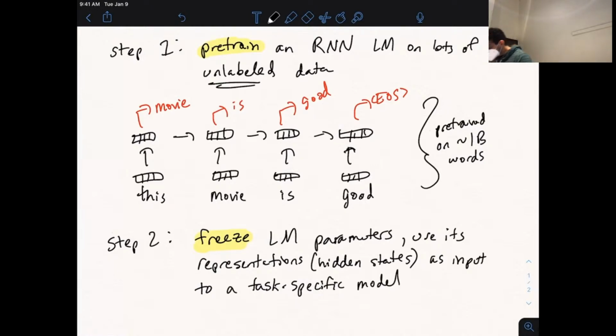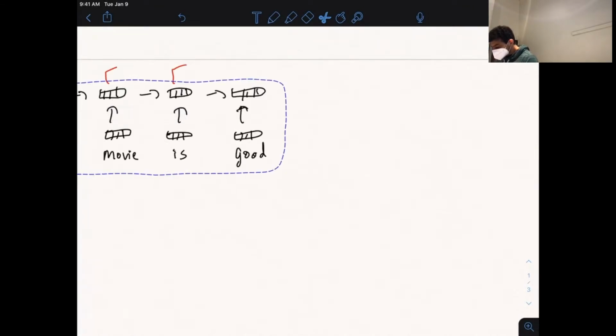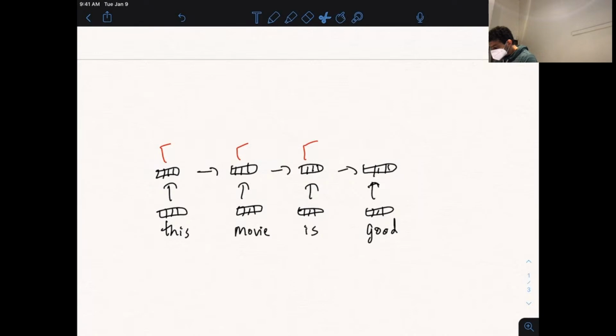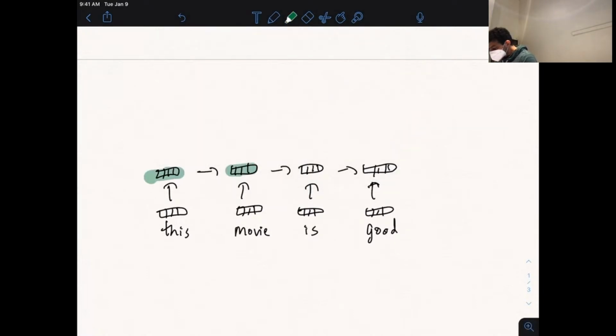So let's say I have this model. Let me copy it from over here. This is my language model. Put it down here. So I'm very interested in extracting these hidden states over here because they contain a lot of knowledge about the words in this sentence, right?